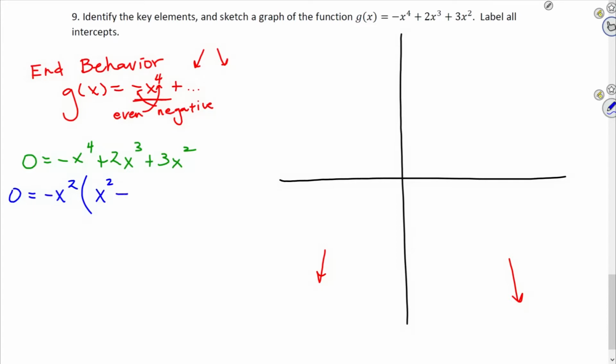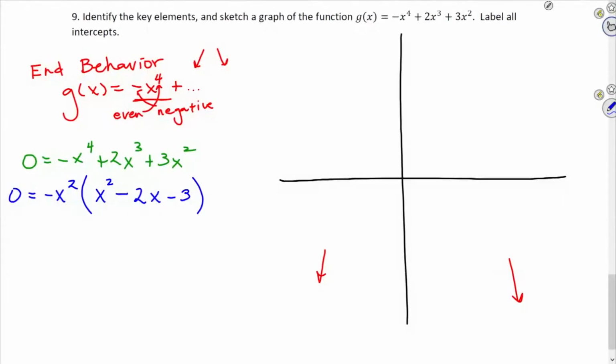It's a negative 2x, because a negative times a negative is a positive. Then negative x squared times what is a positive 3x squared? It's a negative 3. So I've factored out a negative x squared.